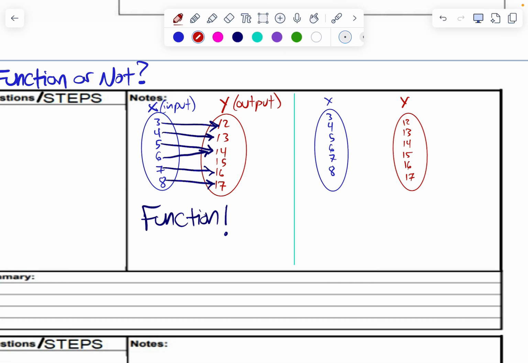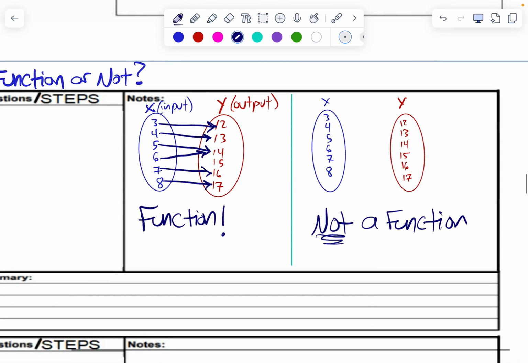Okay, I want you to draw arrows in a way that makes this one not a function. And there's lots of ways. So I'll let you do yours, and then I'll put one that may not be the same, but it will at least verify.